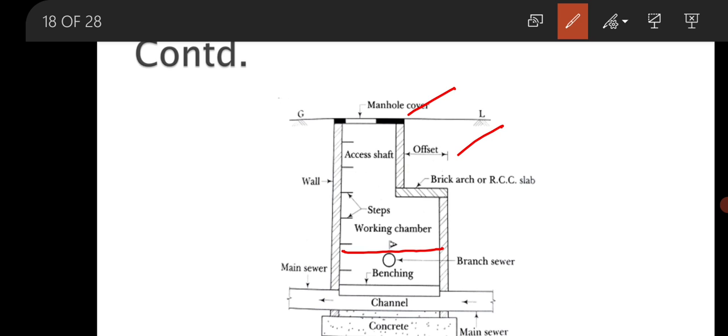So this offset is generally provided by providing RCC slab. Offset can be made in the manhole by providing RCC slab.